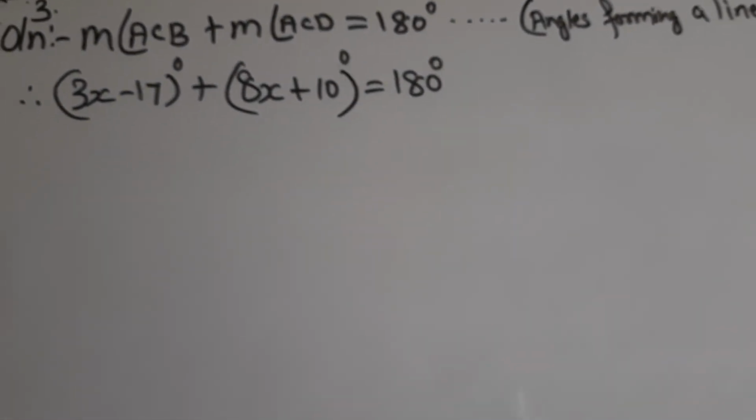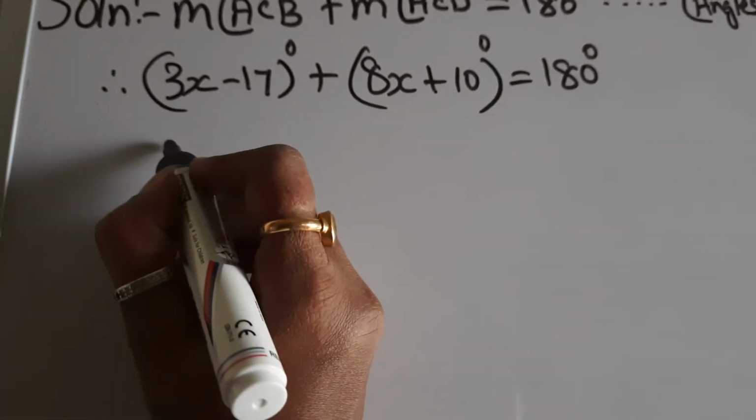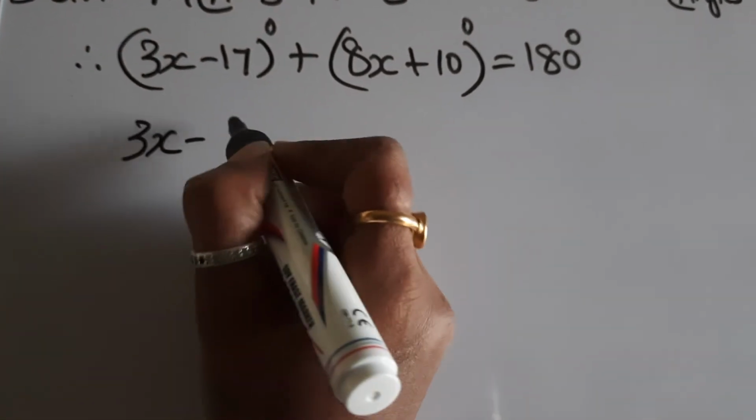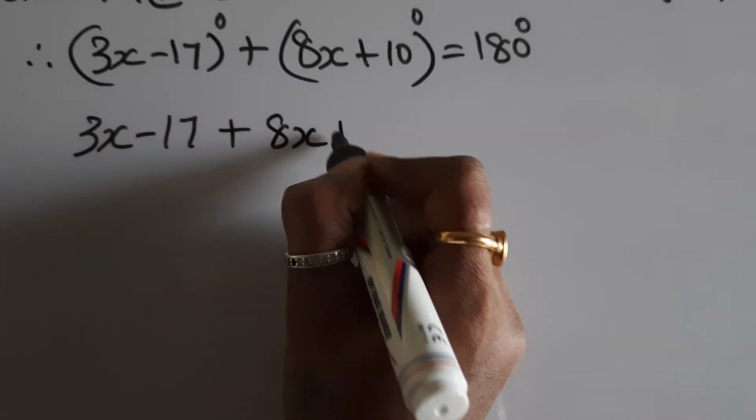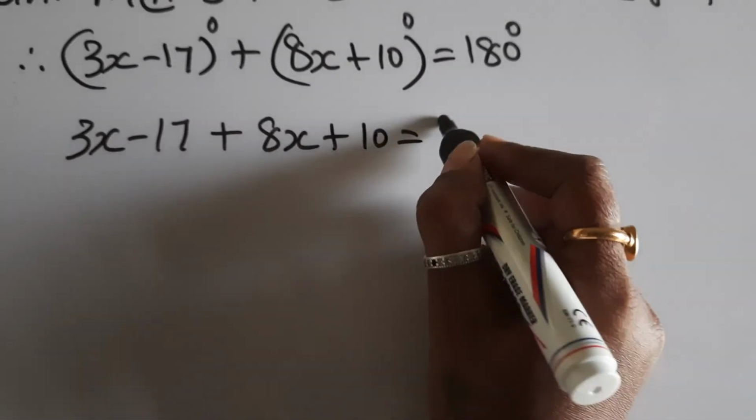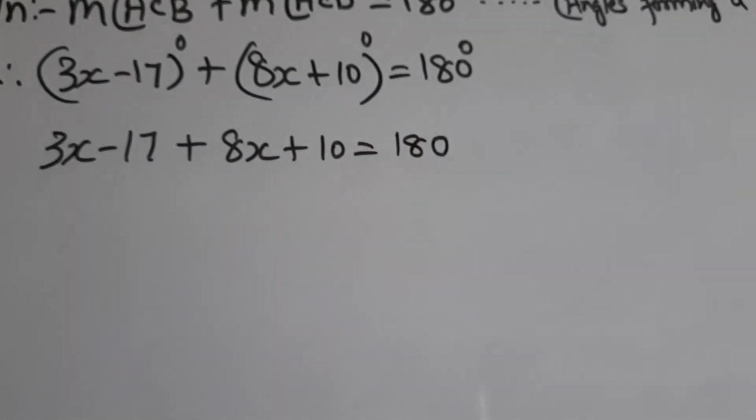Let us open the bracket, children. This is your 6th standard type of sums. Plus 8x plus 10 is equal to 180.